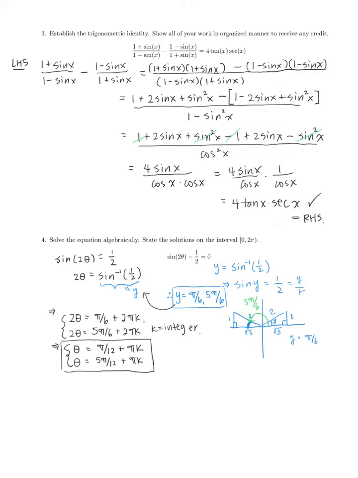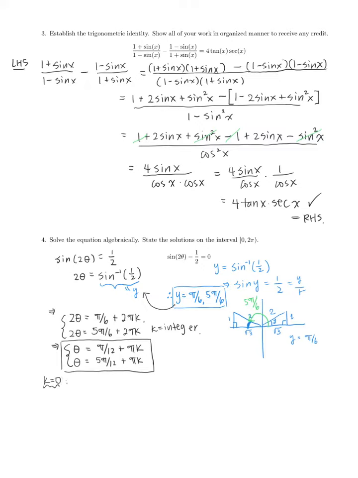All right, now let's see what kind of values that we can squeeze out of this that are in the interval of 0 to 2 pi. So let me just start out with k equals 0.